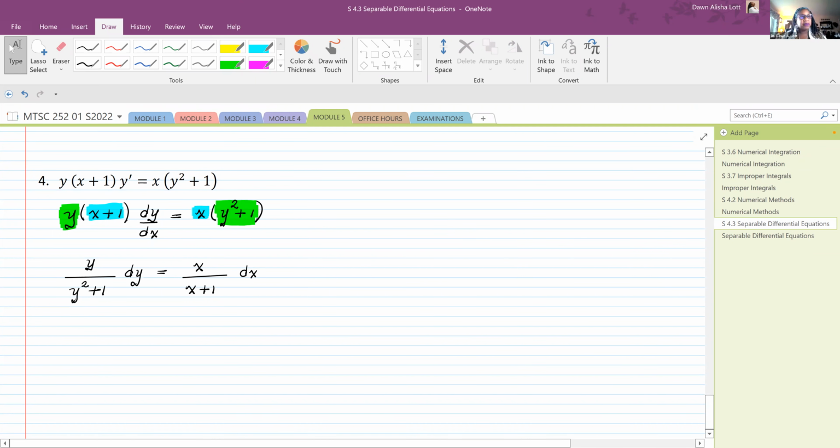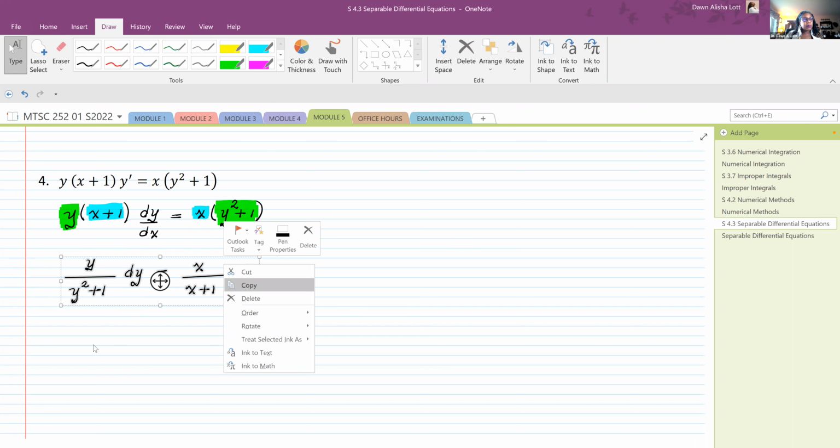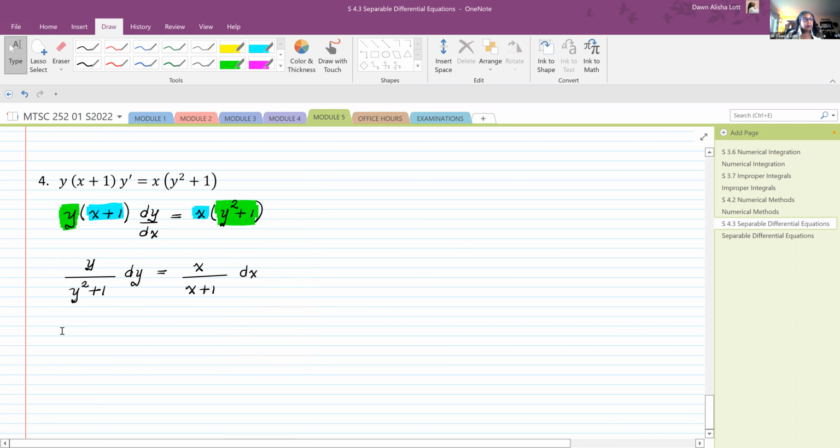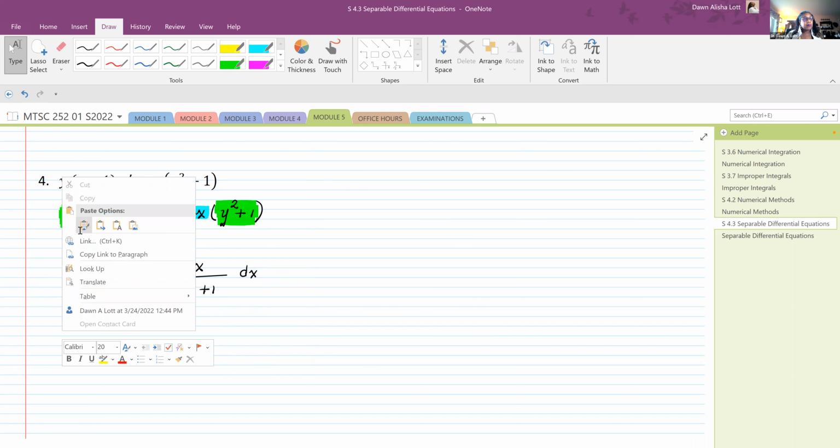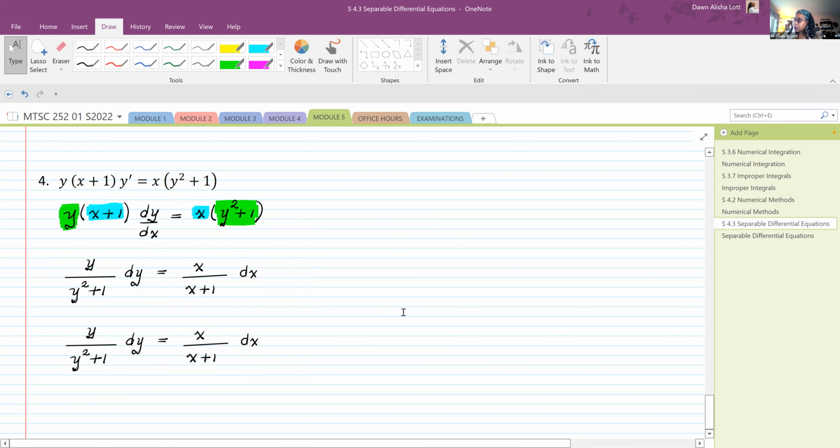Even though it wasn't given to me in the specific form, I was able to put it in that form. Okay, now we have to integrate. So now we're going to integrate this side and we're going to integrate that side.